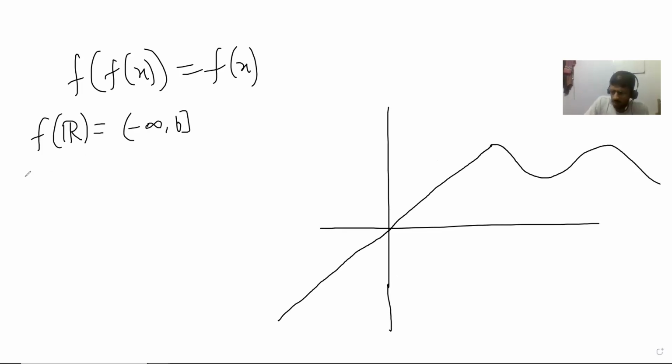So from here, we are getting that there is a B where f(B) is equal to B. And of course, as we should consider, f'(B) is 0.